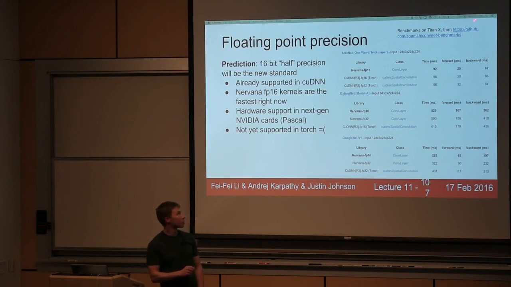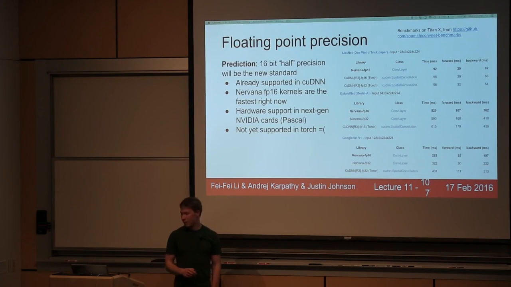There's a nice GitHub repo that has ConvNet benchmarks for different types of convolutions and frameworks, and pretty much everything winning all of these benchmarks right now are these 16-bit floating point operations from Nervana, which is not surprising, because with fewer bits it's faster to compute. But right now there's not yet framework support in things like Caffe or Torch for utilizing this 16-bit computation, though it should be coming very soon.